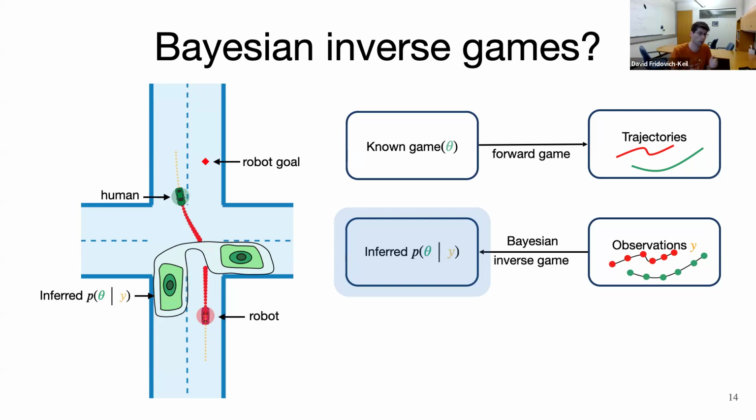And I'd like to have some probability densities on those things. So that's what we're after here. We're after those densities. And once we're given those densities, maybe we could use them in some kind of fancy planner to account for the uncertainty. So that's why we're interested in this.